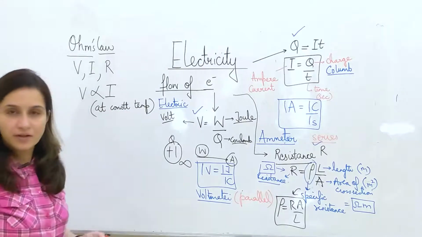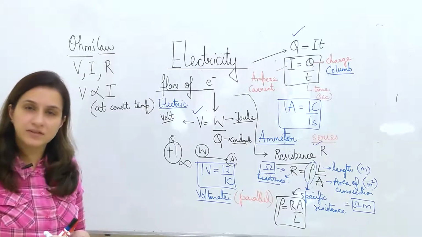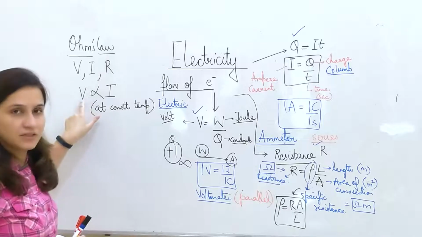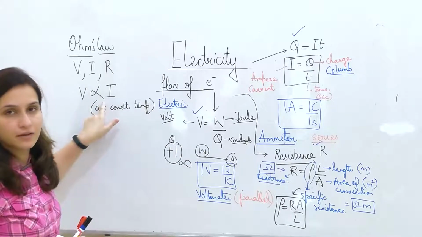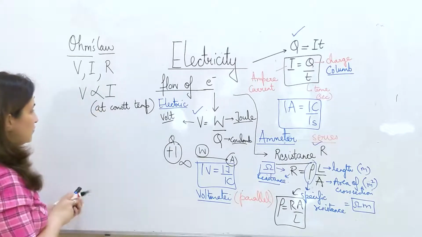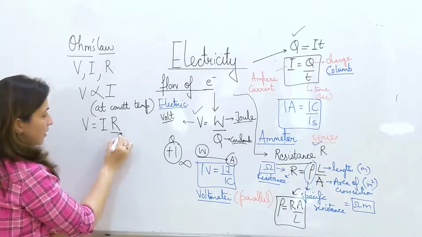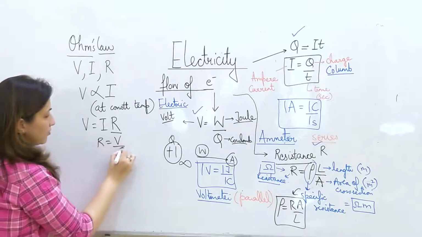I'm repeating it again: if all the physical quantities like temperature and air pressure are constant, the potential difference is directly proportional to the current. If we remove the proportionality sign, we get a constant, which is R. R is equal to V upon I.